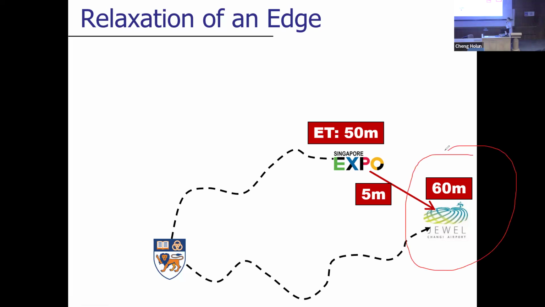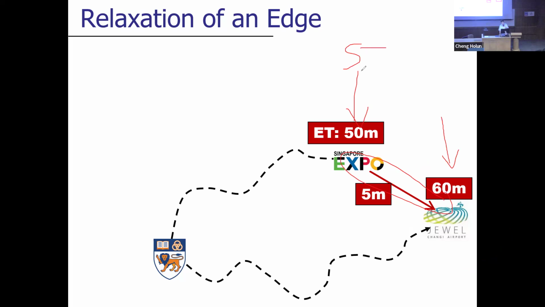Then actually the decision is, should I change this? So for every edge, you know where you come from. For this edge here, I want to do a relaxation on this edge. Because I know this is 5 minutes, you have a destination of this edge, you have a source of this edge. The source of the edge is not the source of the whole overall; these are the source and destination of the edge.